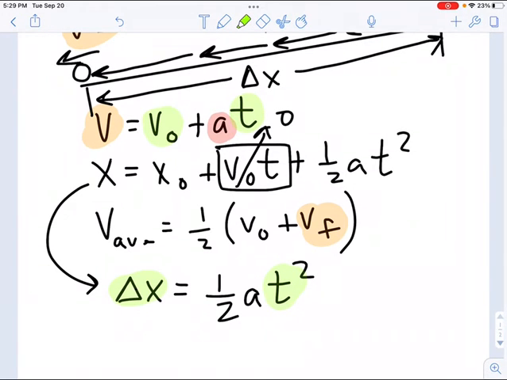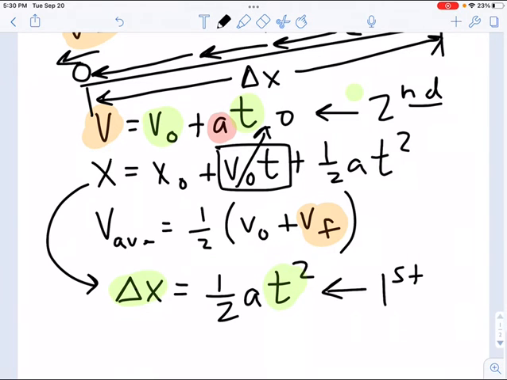The first step will be to use this equation right here to solve for a. And the second step will be to take a and substitute it into the top equation, plug in a and solve for v, final velocity at the end of the ramp.